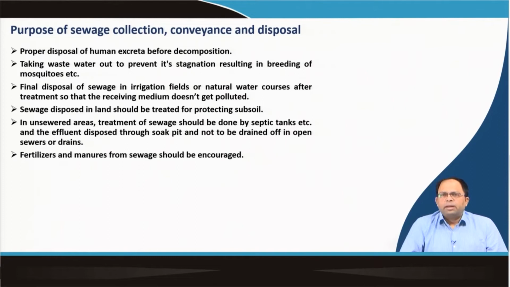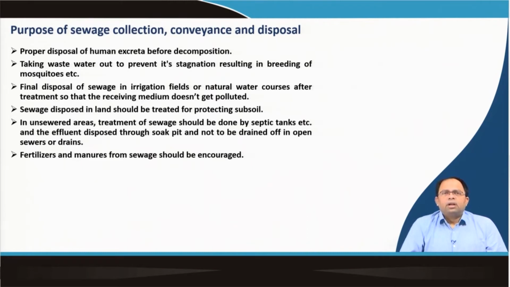This is our primary goal, because as soon as it decomposes, it will lead to not only aesthetic and odor problems, but it will invite a lot of disease-causing bacteria. These pathogens will spread in that area, and that can lead to contamination of drinking water, which will lead to further diseases.